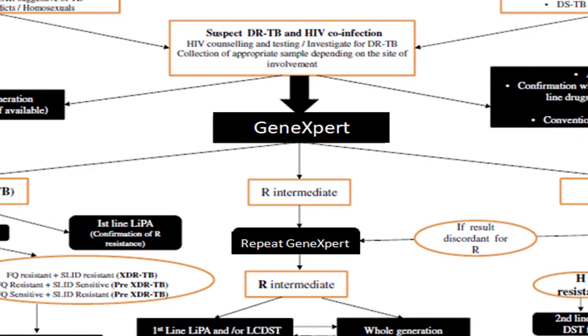Now we can ask these patients to undergo molecular testing with GeneXpert. If R resistance is detected, then we can ask them to get tested with LPA, and then we can determine whether there is monodrug resistance or we are dealing with XDR or pre-XDR TB.